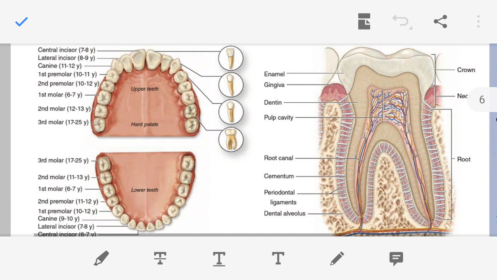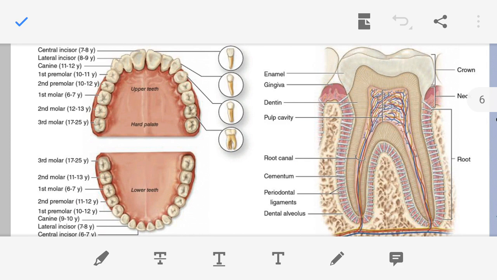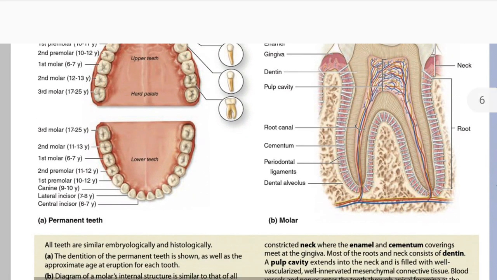All the 32 teeth are shown, and their names are written, and in the bracket you will find at what age they are erupting. You go through this figure, I am showing you this figure.